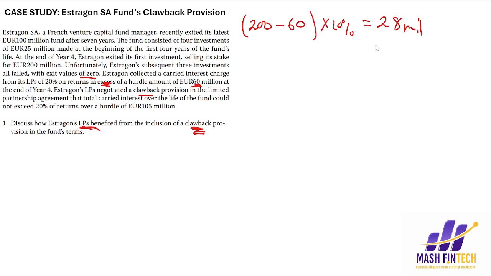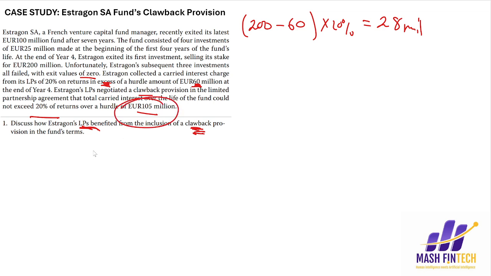Okay. What this therefore means, if you look at the last part, Estragon's LPs negotiated a clawback provision in the limited partnership agreement that total carried interest over the life of the fund could not exceed 20% of returns over a hurdle of 105. So they can't exceed over a hurdle.